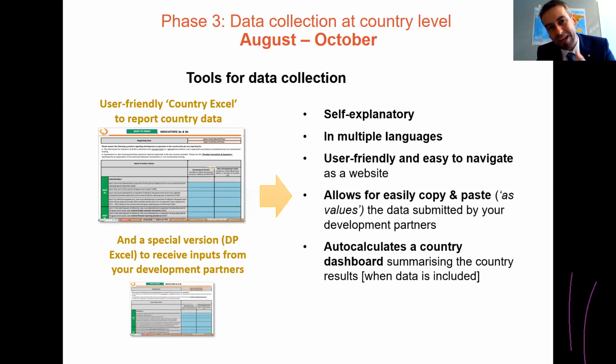Although, if you are interested, you can also access a technical companion, available on the website of the 2018 monitoring round, to understand the calculations behind each indicator if you need to get into that level of technical detail. But the data collection tool will report the scores on the different indicators and how you compare to the different averages.